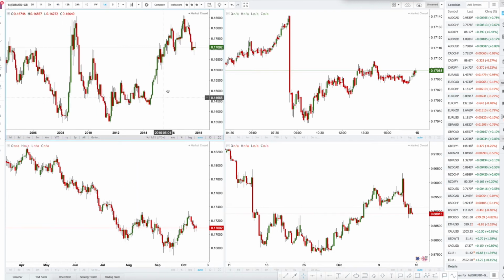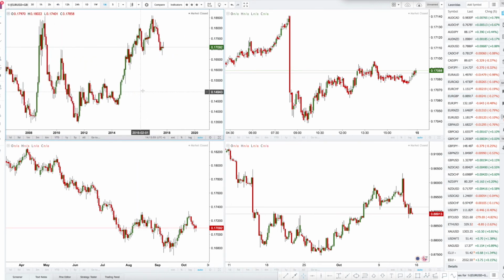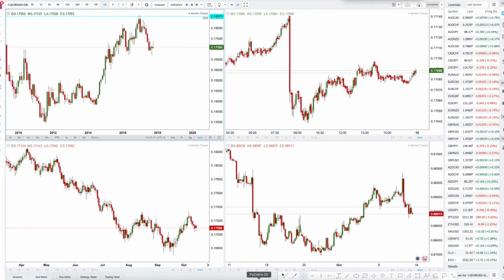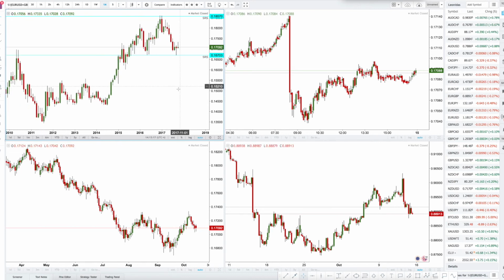So I'm going to look at monthly, right? So we made a higher high. There's a resistance there at the highs, rejecting that. We made a kind of a low, well, we're bouncing off of that support right here on the monthly, which is nice. Okay, so this is the monthly chart.